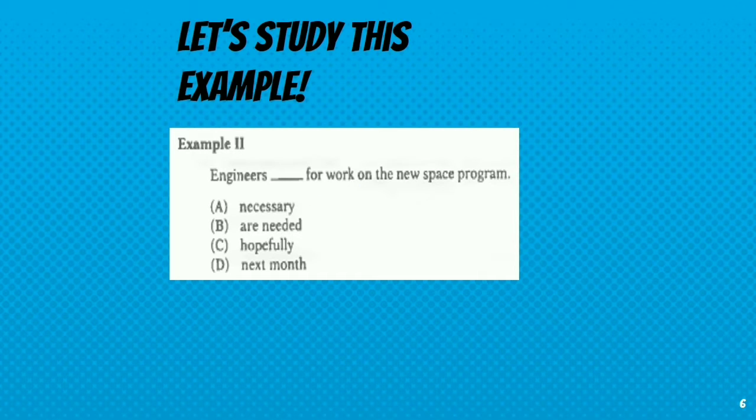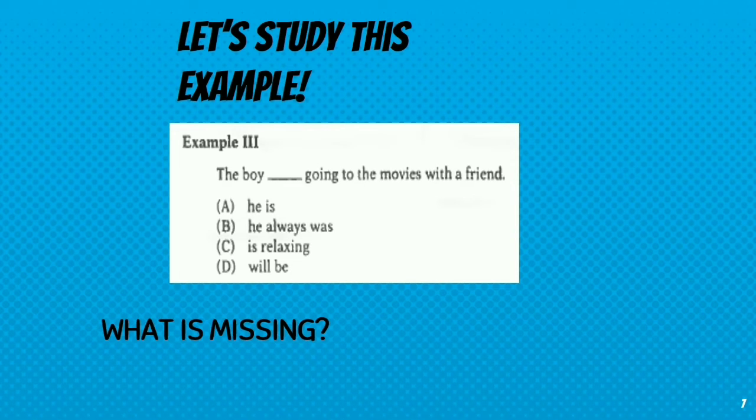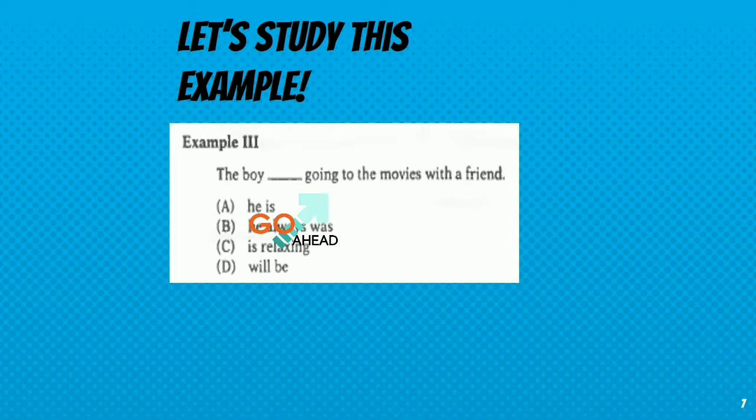Another example. The boy, blank, going to the movies with a friend. Let's analyze what is missing from the sentence. Is there any subject? Yes, the boy is the subject. Is there any verb? Yes, but the verb is not complete, as you can see. So we have to find an element to complete the verb in the options.